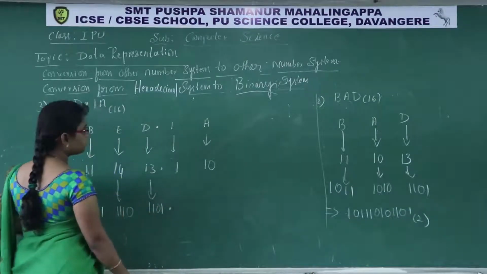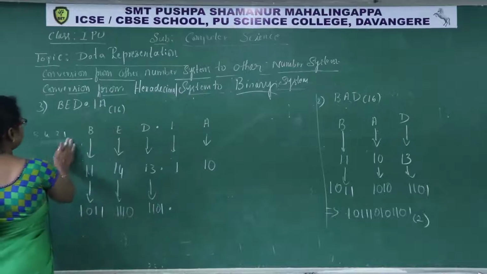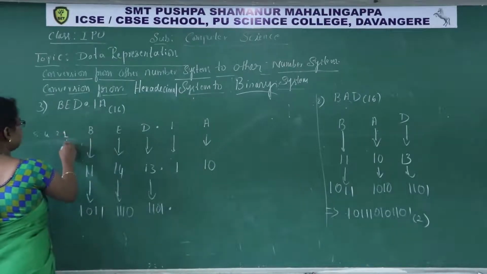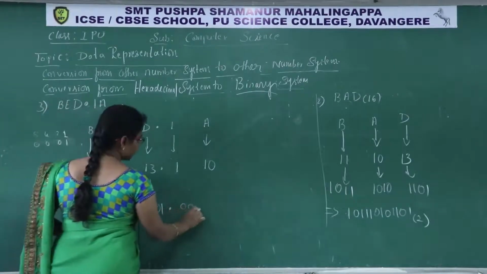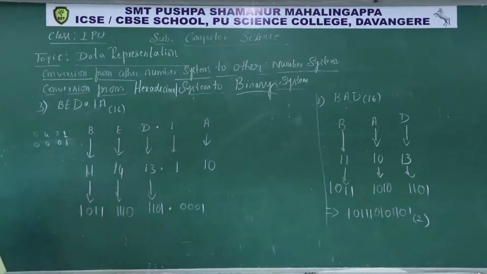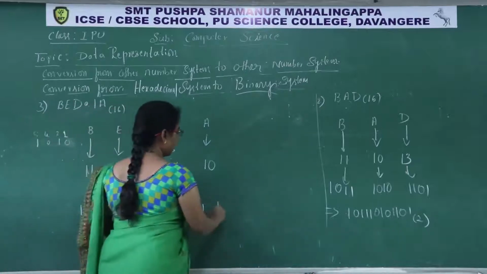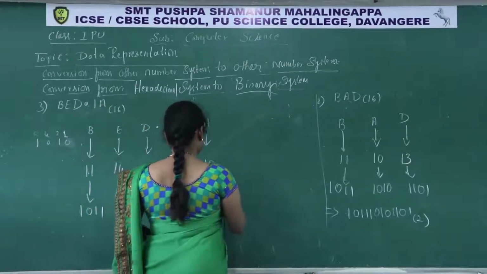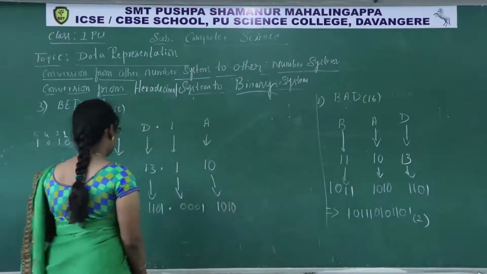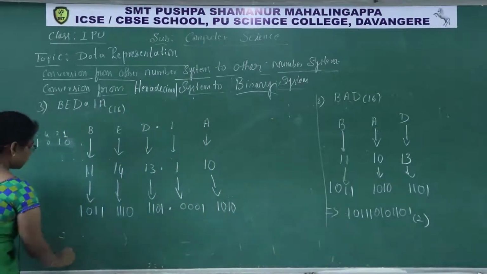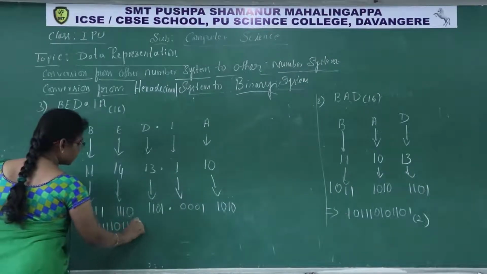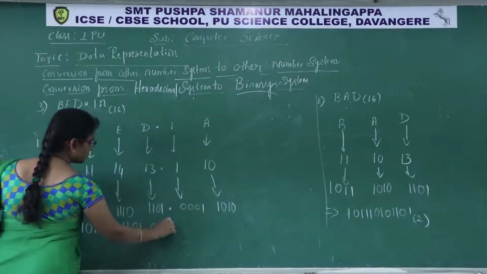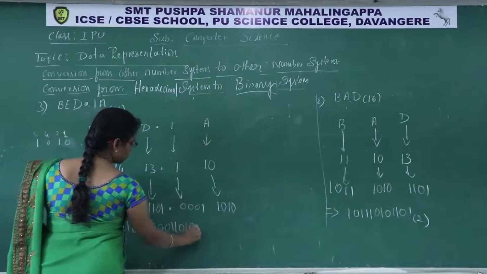Point, how to write 1 in 4-bit binary? Under 1 we put the bit 1 and the remaining bits are 0: 0 0 0 1. For 10, 8 plus 2 is 10, so 1 0 1 0. Finally the answer would be 1 0 1 1, 1 1 1 0, 1 1 0 1, point 0 0 0 1, 1 0 1 0 base 2.